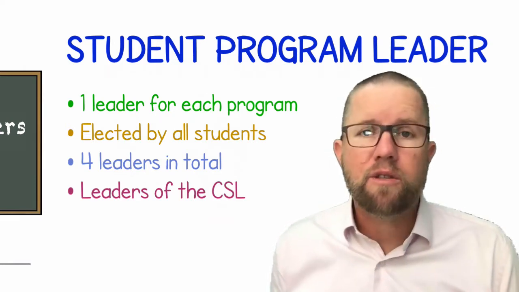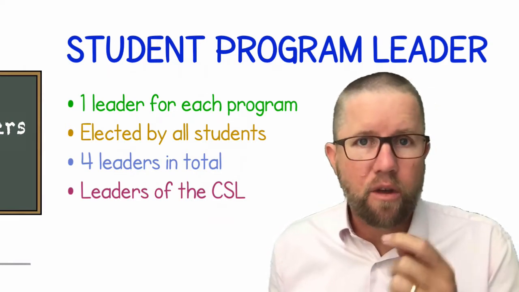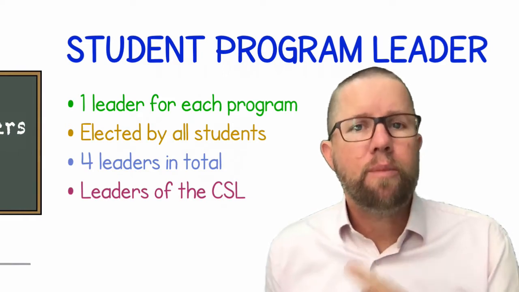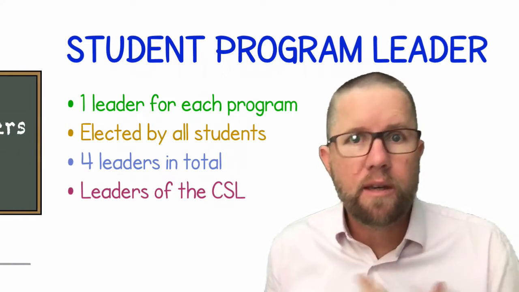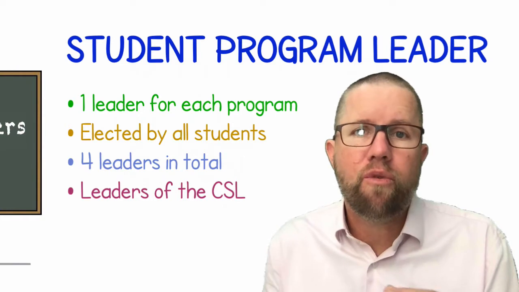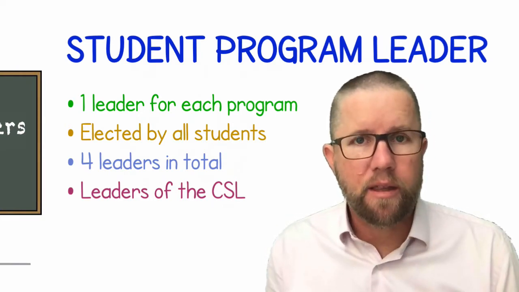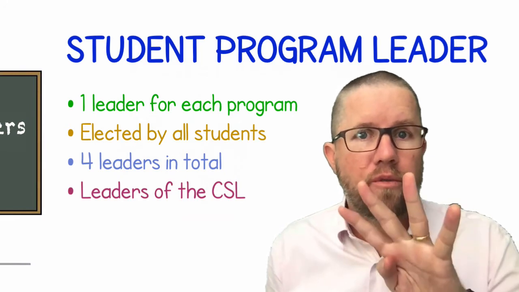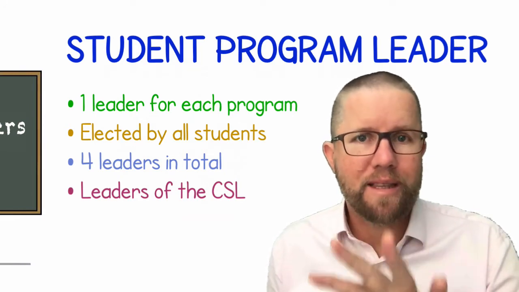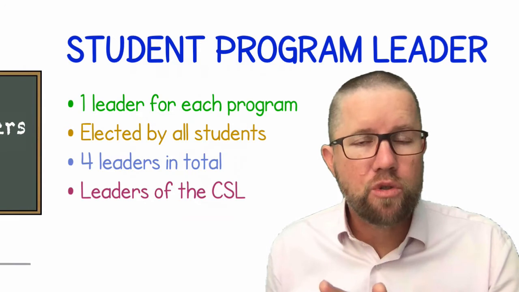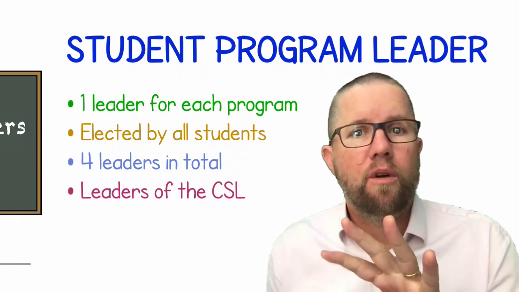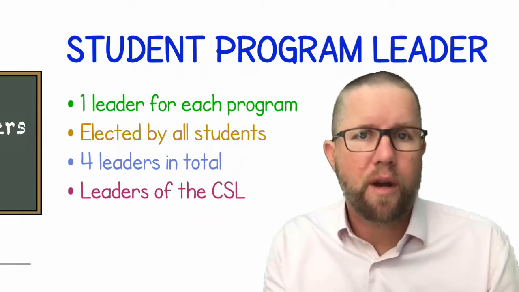The process for electing those 4 leaders is a little bit different to the elections for class leaders, because everybody in the school votes for the 4 program leaders. Every student casts a vote for a leader of each program.